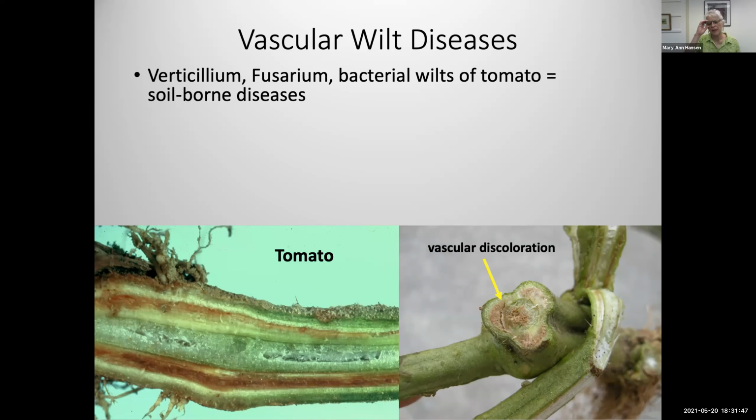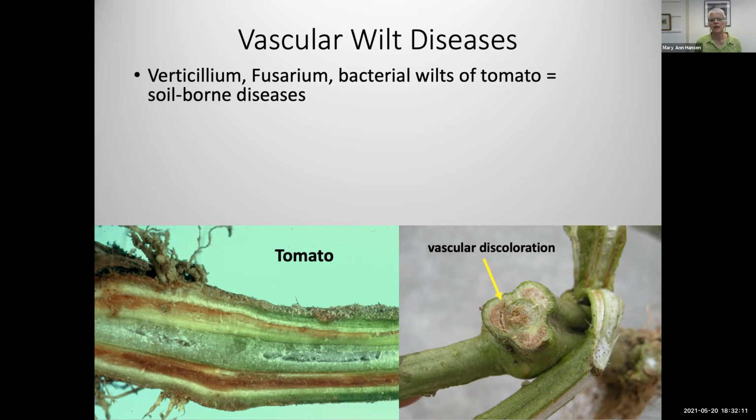And there are other vegetables than tomato that get vascular wilts. I'm going to talk about bacterial wilt of cucurbits in a minute. But tomatoes get several different vascular wilts. So they get a couple of fungal vascular wilts, Verticillium wilt, Fusarium wilt, and then they get a bacterial vascular wilt called bacterial wilt.